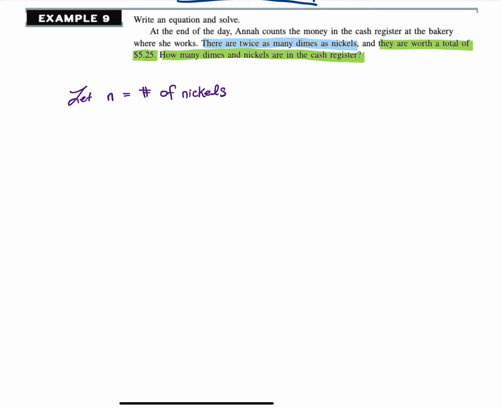So let's flip that around. And I just write that because I used to make that mistake a lot. So we can say d equals 2 times n, if d is the number of dimes. The number of dimes is twice as many as the nickels.